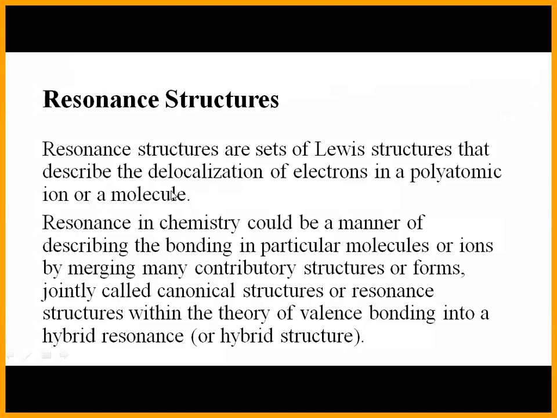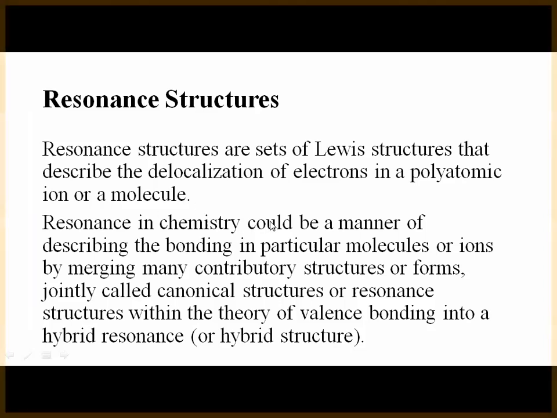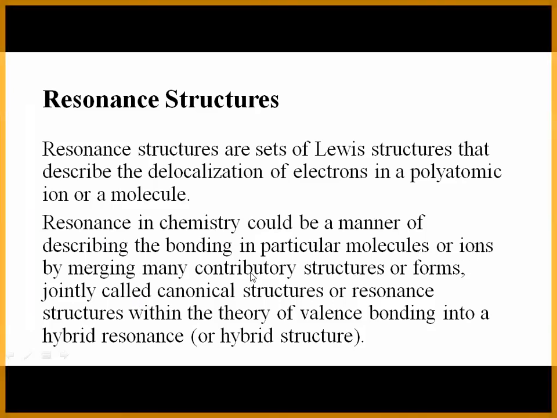So resonance structures are the sets of Lewis structures that describe the delocalization of electrons in polyatomic ions or molecules. Resonance in chemistry is a manner of describing the bonding in particular molecules or ions by merging many contributory structures or forms, jointly called canonical structures or resonance structures, within the theory of valence bonding, into a hybrid, which is called the hybrid structure.